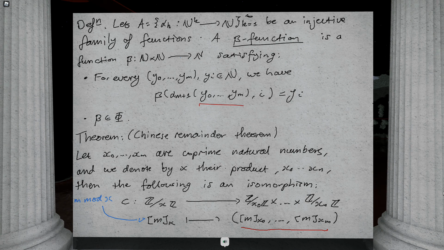So we pick x naught up to xm to satisfy that. Then we pull back and look at the equivalence class that maps onto that sequence, and we take the least positive representative of that equivalence class, and that is going to be our choice for alpha m plus 1 of y naught down to ym.